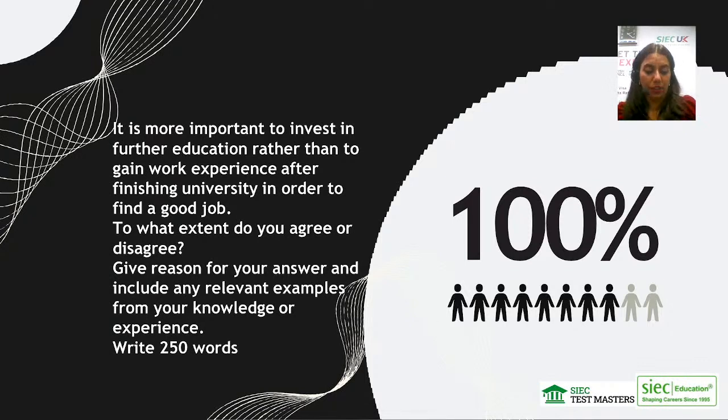So he's saying that investment of money should be done. Let's say there is one side of the opinion that they should be spending money in higher education. Then the other set of people say that they should be gaining more work experience once they are finished with the universities to get a good job.